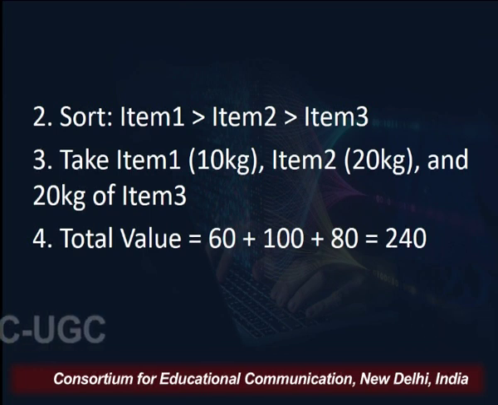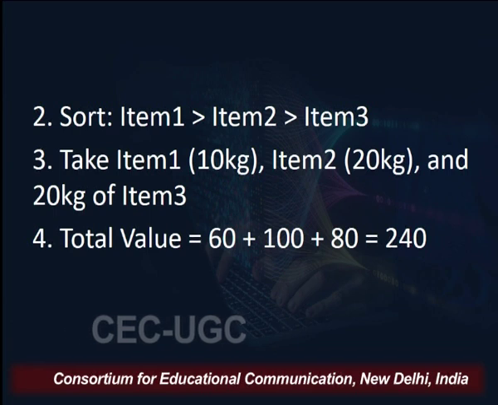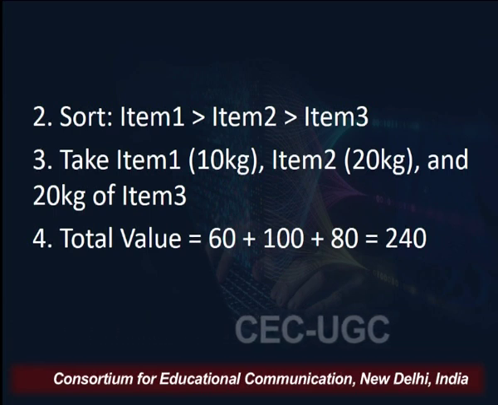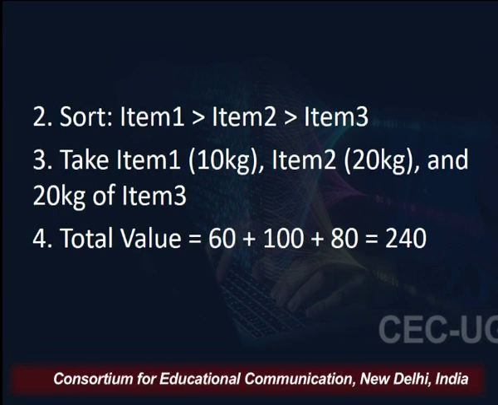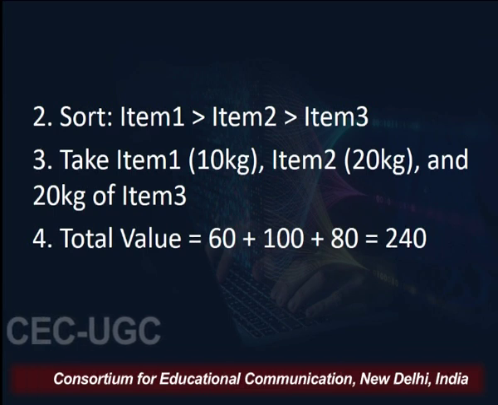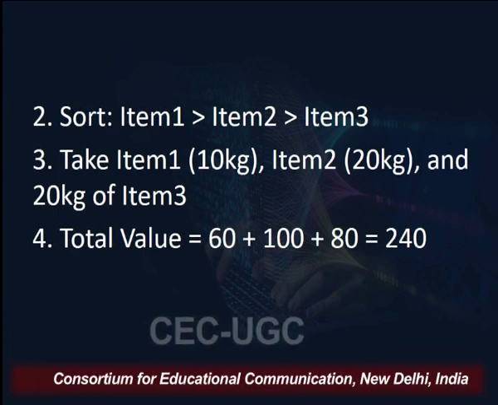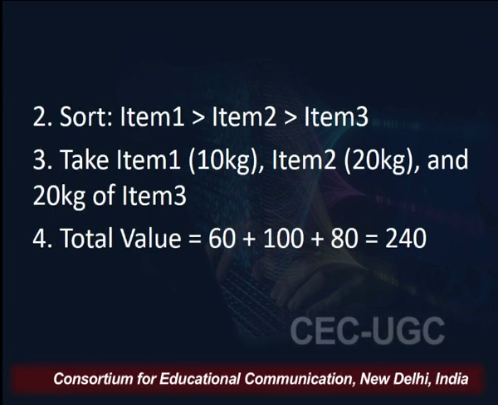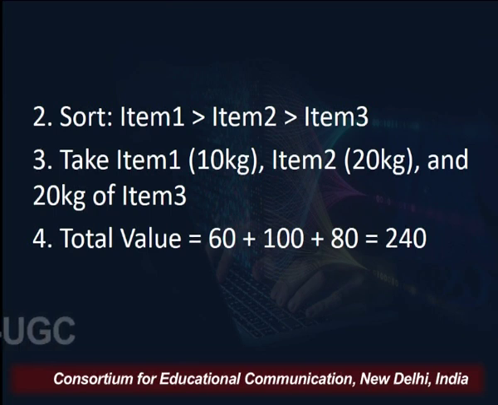So, we will be taking 20 kg of item 3, and the total value we are going to have is 60 from item 1, 100 from item 2 and 80 from the 20 kg of item 3, which is 60 plus 100 plus 80, and that equals 240.